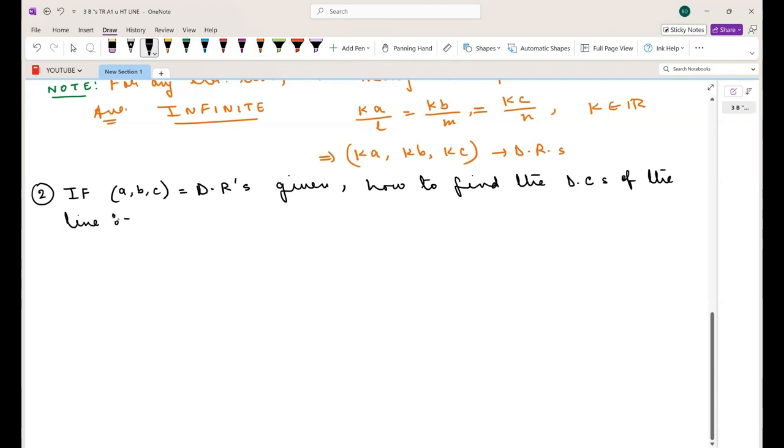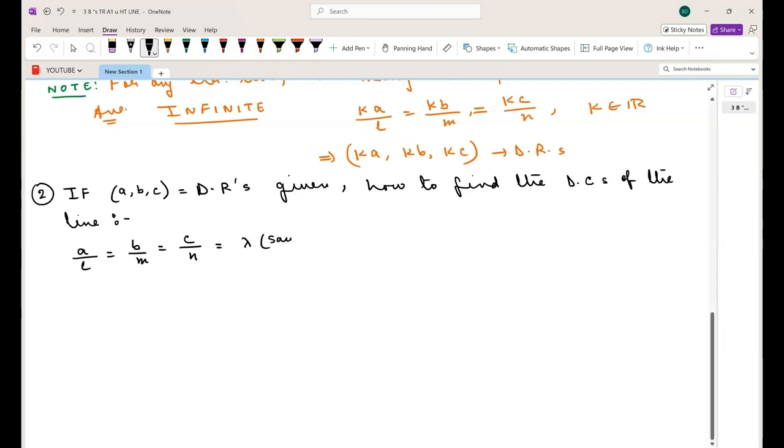Okay. Now, we will stick to the symbols. It is conventionally done so. That is, L, M, N are used to denote DCs and A, B, C are used to denote DRs. So I'm not going to introduce them again. Since A, B, C are DRs, we already have A by L equal to B by M equal to C by N. Suppose this common value is lambda.